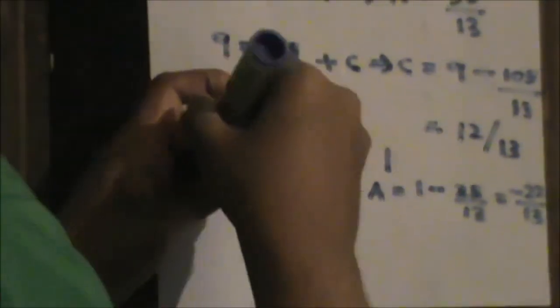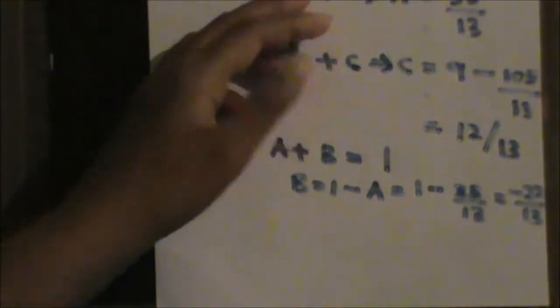Now as the last step of finding the partial fractions, I'll substitute the values of A, B and C into this one.